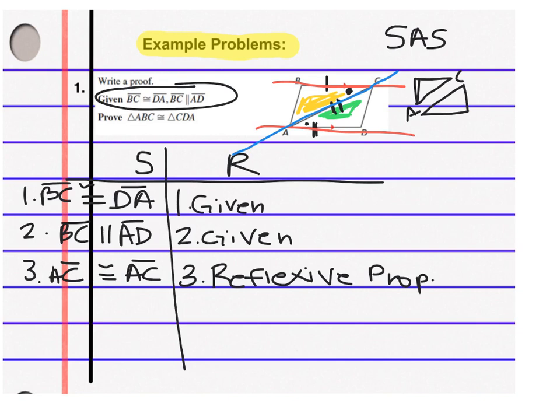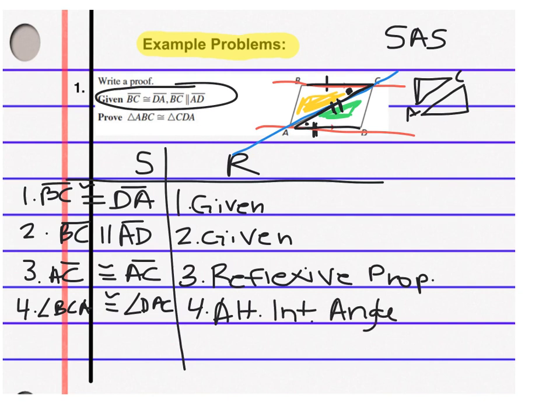So I can say that angle BCA, I do need to use 3 letters, is congruent to DAC. And those are alternate interior angles. So I have side, angle, side.